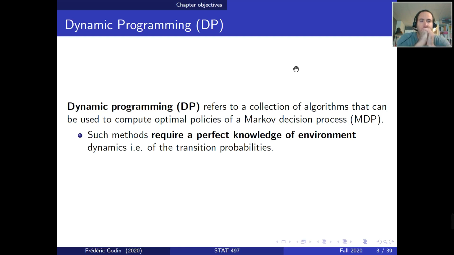The textbook is very well written, so feel free to consult it. In the previous chapter we introduced Markov decision processes, which involve sequential decision making.